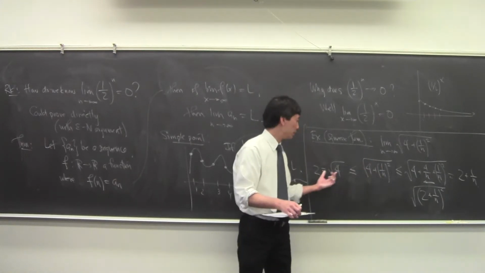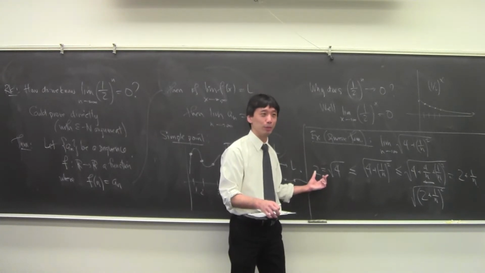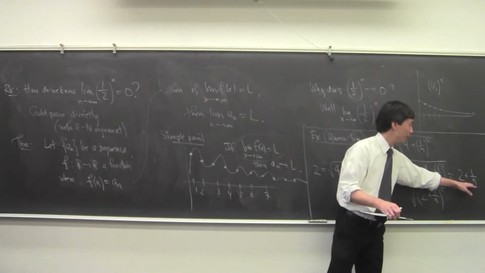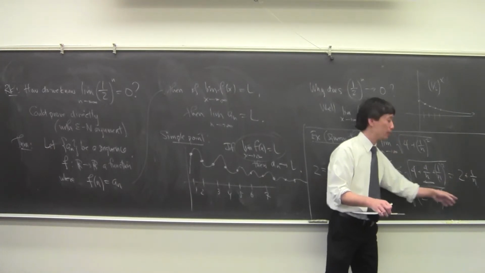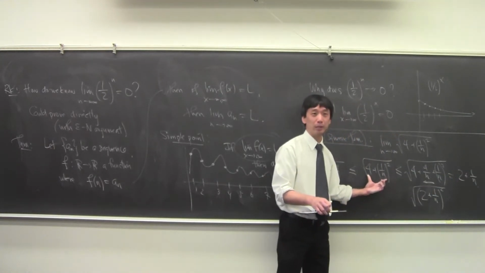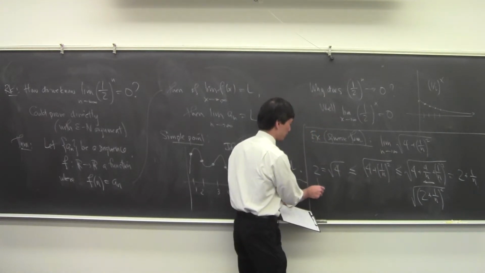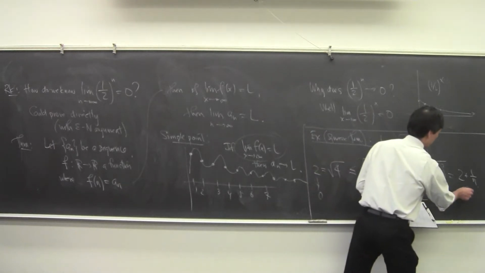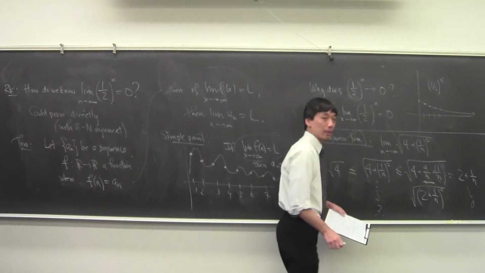Because the lower sequence is 2, 2, 2, 2, and so on, and we've got this upper guy, 2 plus 1 over n, which also goes to 2. And so the guy in the middle is trapped and will also have to converge to 2.